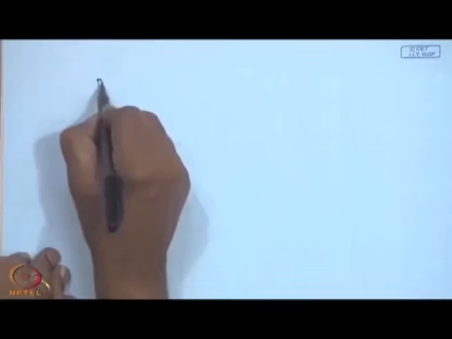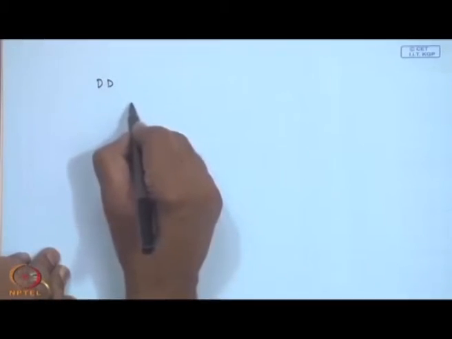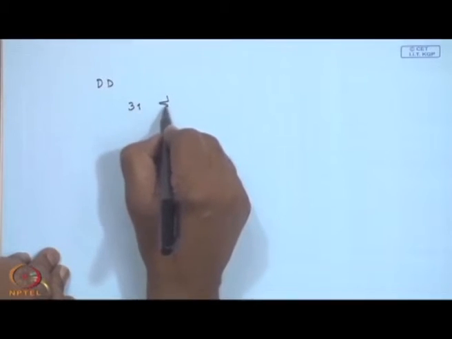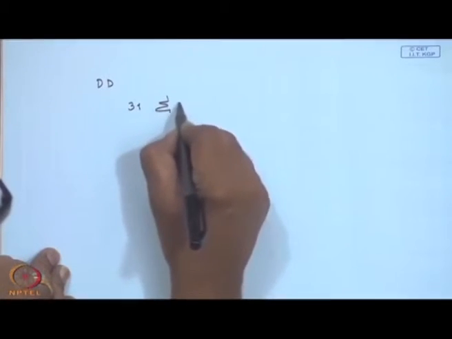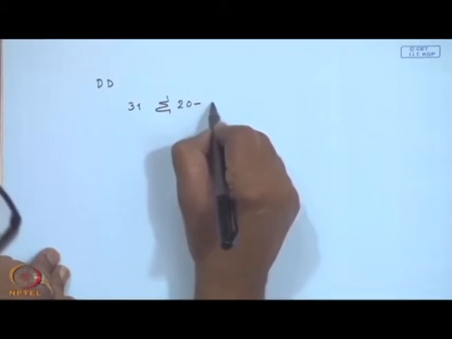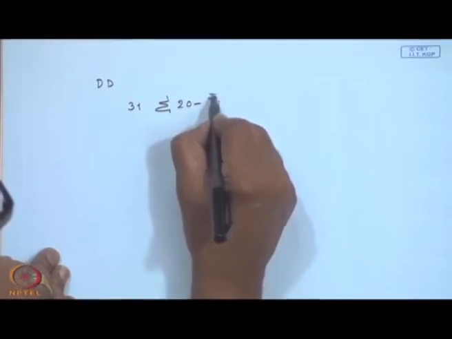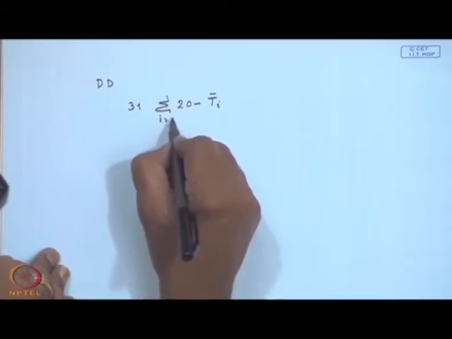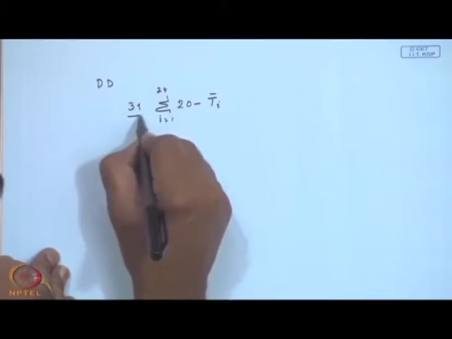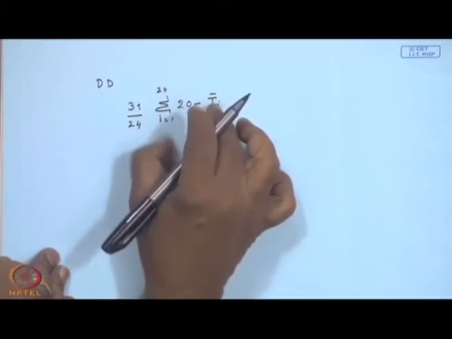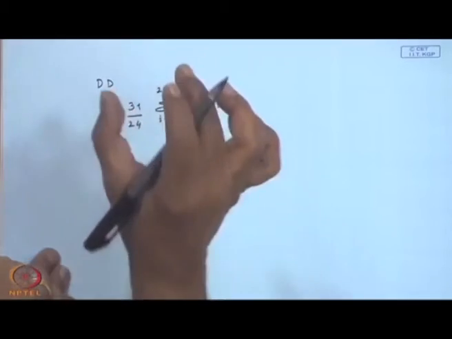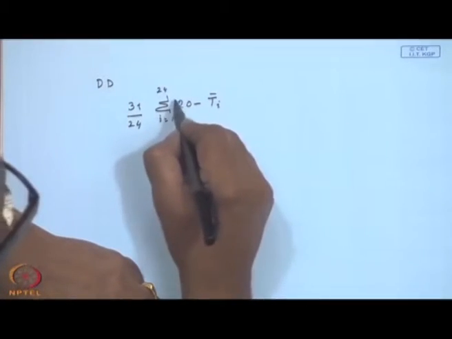So, let me write it down. Degree days is 31 times the summation of 20 minus T I bar, where I is equal to 1 to 24, divided by 24. In other words, this is the average day multiplied by the number of days.